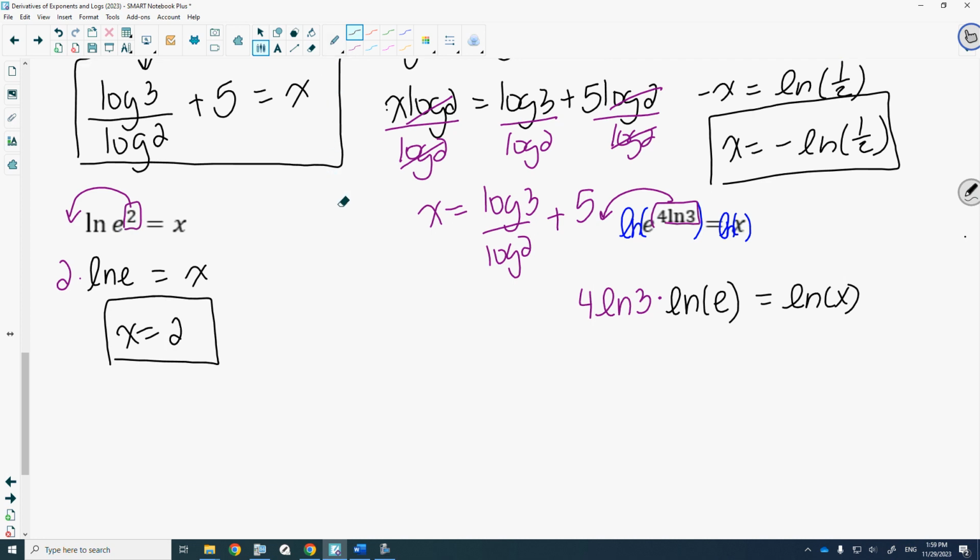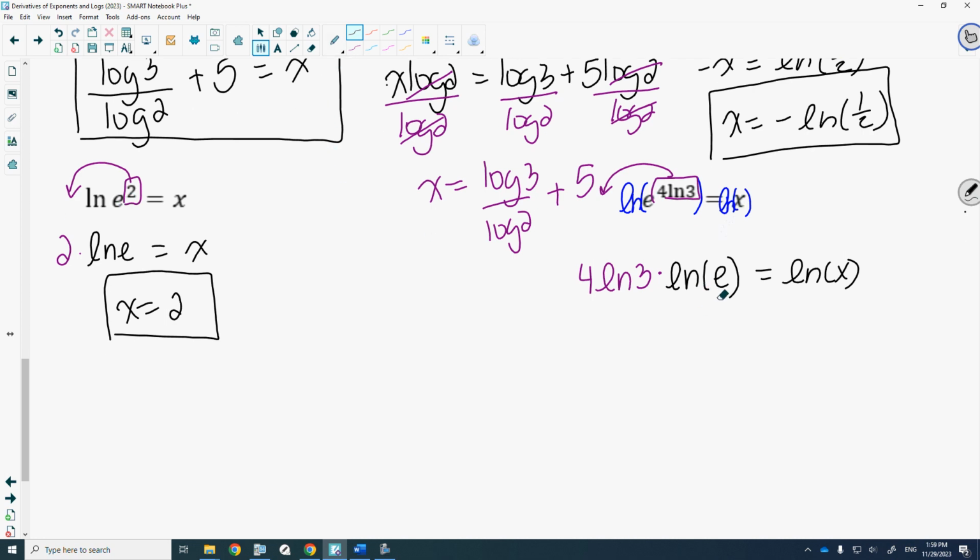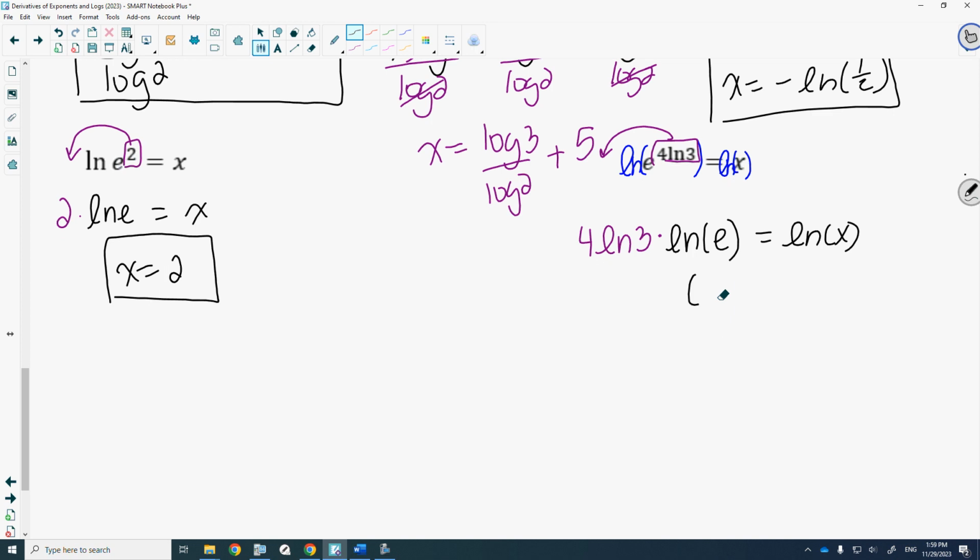From here, ln of e is 1. So this becomes 1, and then I've got 4 natural log of 3 is equal to ln of x. So that would be 4 ln of 3 is equal to ln of x.